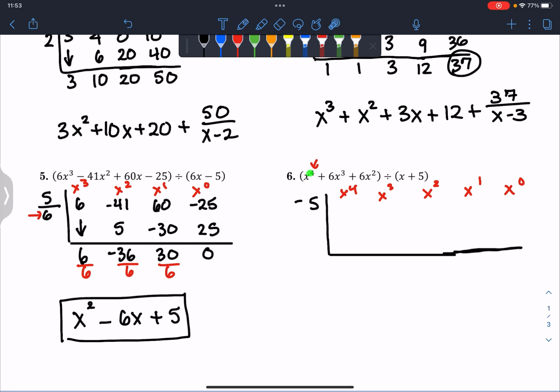So the coefficient of x to the fourth power, well, that number right here is a 1. The coefficient of x to the third power is 6. The coefficient of x to the second power is also 6. But notice that there is no x to the first power, so we're going to use 0 for that one. And since this one also does not have an x to the 0 power, no constant, that number is also going to be 0.